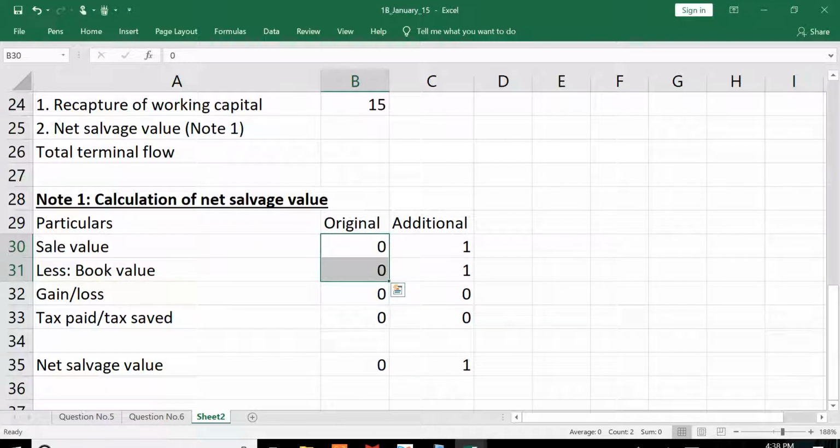When will these two be same? If I am following SLM method taking salvage value into consideration. If I am not taking salvage value or I am using some other way, then it will not be same. Otherwise these two will be same, and if these two are same, we need not show this calculation. So show this, and net salvage value is 1 lakh.